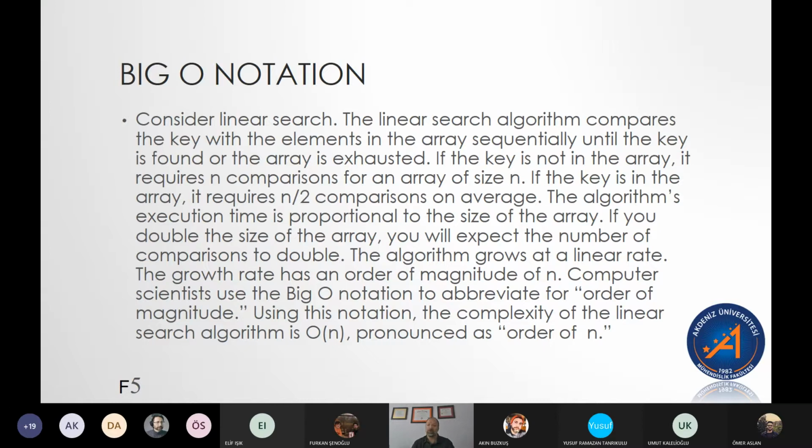What if the value is not in our list? Then we have to search through every value, and we have to discover that it's not there. So if we were to search through the entire array, we would have to search through n elements.